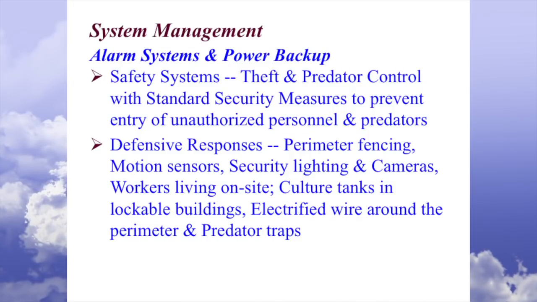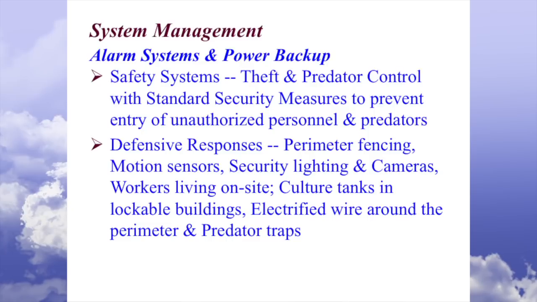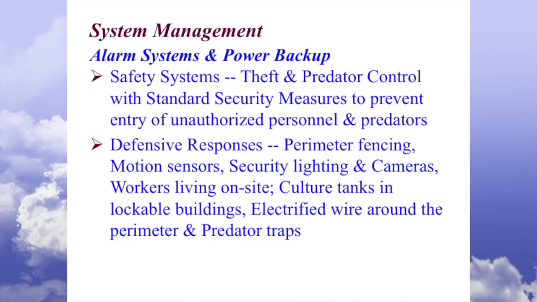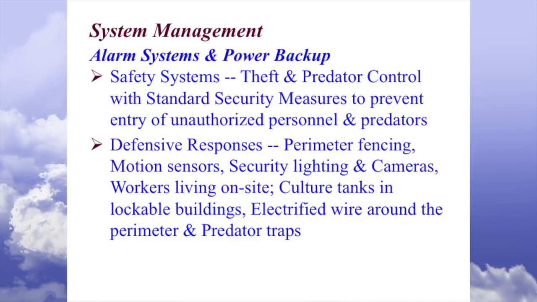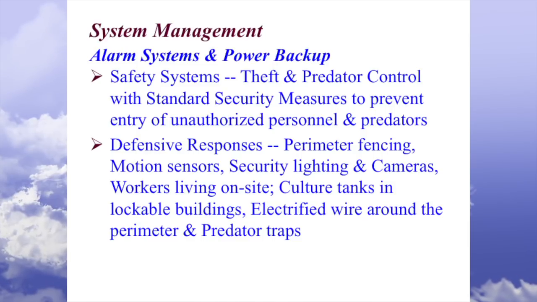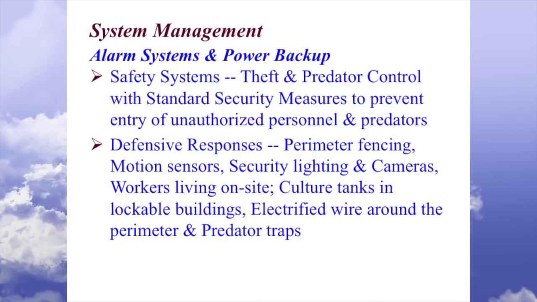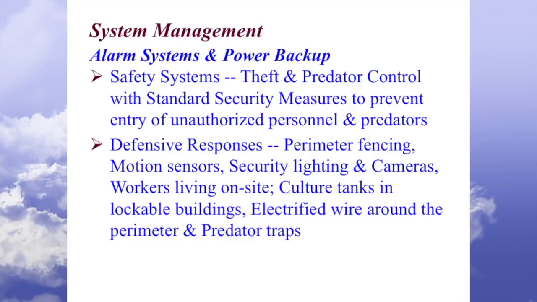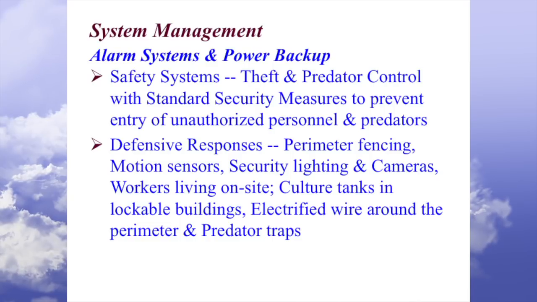Alarm system and power backup. Safety system, again, issues regarding theft and predator control, with the standard security measures to prevent entry of unauthorized personnel and predators: defensive response, perimeter fencing, motion sensor, security lighting, camera, workers living on site, culture tank in a lockable building, electrified wire around the perimeter, and predator traps depending on the location.